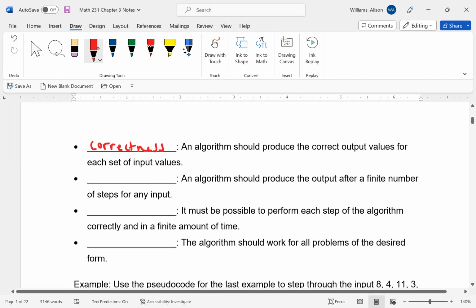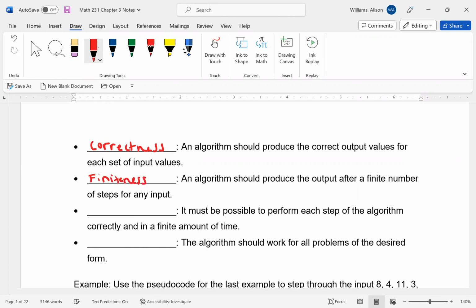And then we have finiteness. An algorithm should produce an output after a finite number of steps for any input. So it doesn't go on forever. Then we have effectiveness.